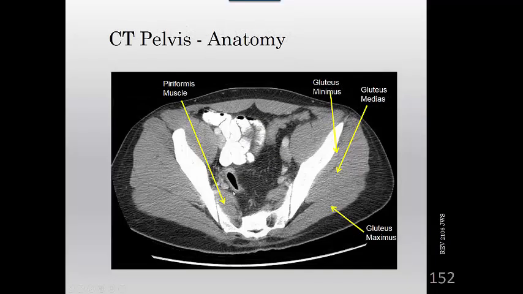The piriformis muscle runs back here deep, anterior to the sacrum. And the gluteus minimus here is giving way to the gluteus medius, and then here's the gluteus maximus coming in the back.